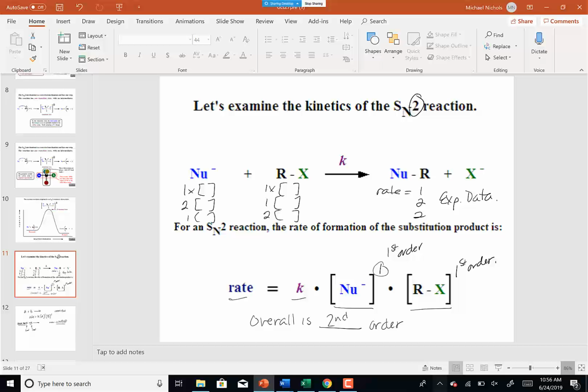One nucleophile reacting with one alkyl halide. It's going to give me the same rate equation as the overall rate equation from the stoichiometry. And since that mechanistic rate equation equals the overall rate equation, then that must be the slowest step in the mechanism, right? The rate determining step, which we'll talk about tomorrow. But in this case, if there's only one step, it's the slowest step.